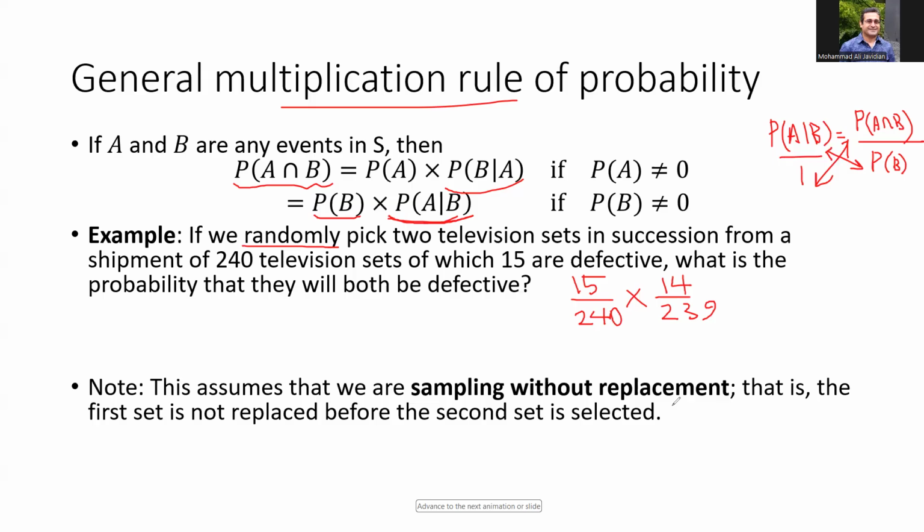And the second assumption, which is hidden, I'll talk about it maybe in the coming slides, is that the first and second events are dependent. The probability of the second one depends on the probability of the first one. So when you compute the probability of the second case, you have to consider what happened in the first case when you picked the first television.